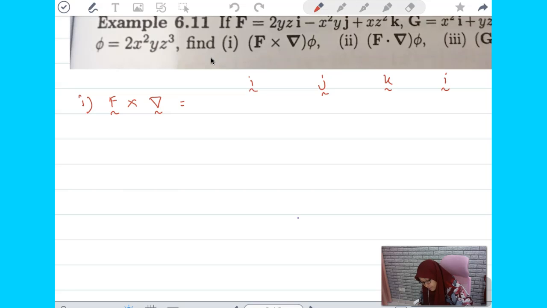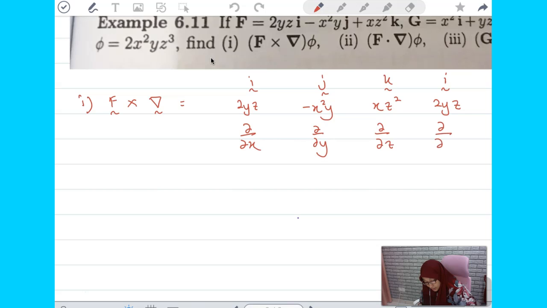F is 2yz, minus x squared y, and x squared 2yz. And then the gradient is del x, del y, del z, del x.